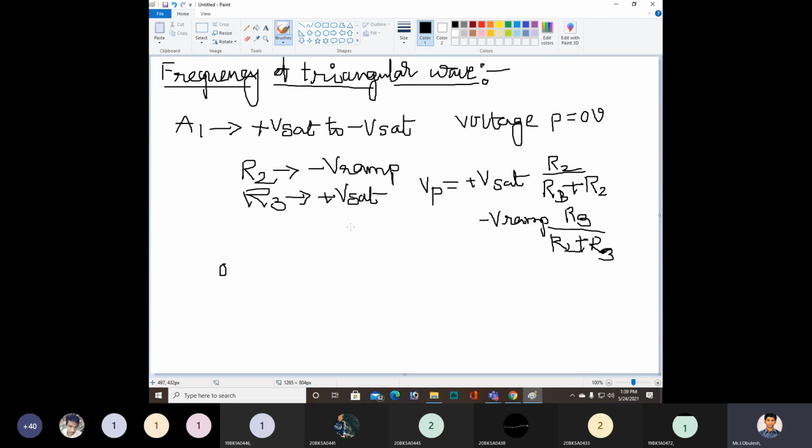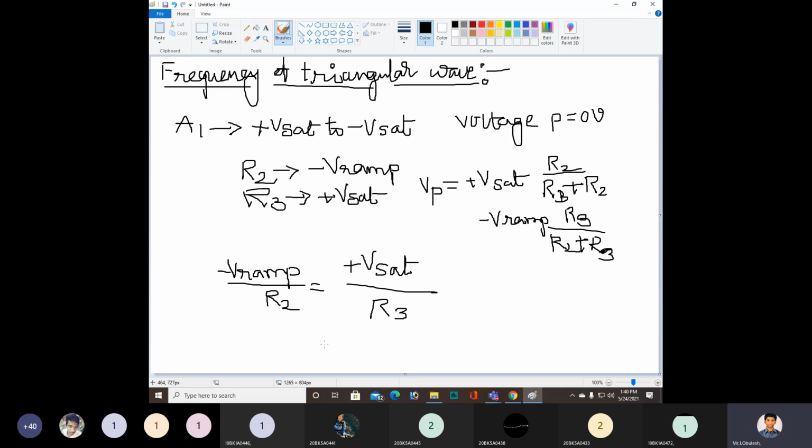What will we get here? Minus V ramp by R2 equals plus V saturation by R3.